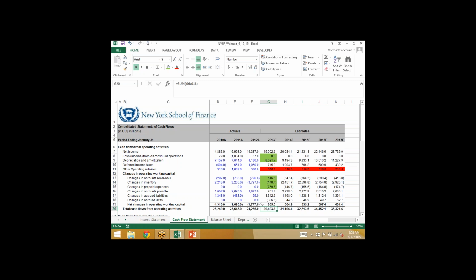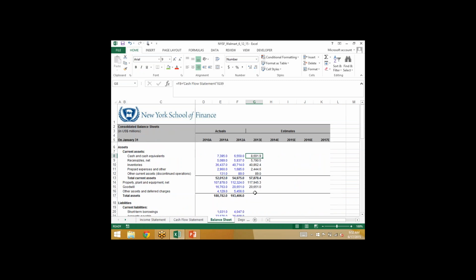Okay? James? Other assets. So for now, as we get more complex with these balance sheet line items, we'll dig into more complicated situations. But I'm going to leave the other assets flat.